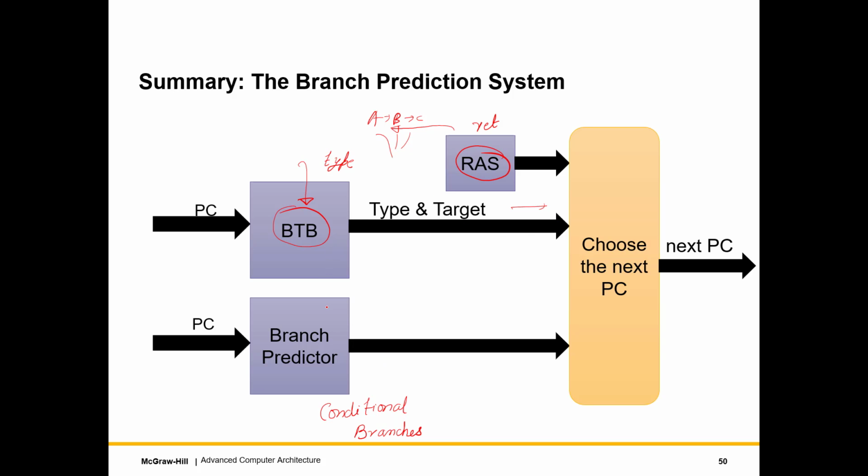The basic fetch logic would consist of these three modules, and they will help us choose the next program counter. Of course, there are now augmentations to this to perform many branch predictions in parallel, such that we can choose the next PC or the next 2 PCs or next 3 PCs or next 4 PCs.